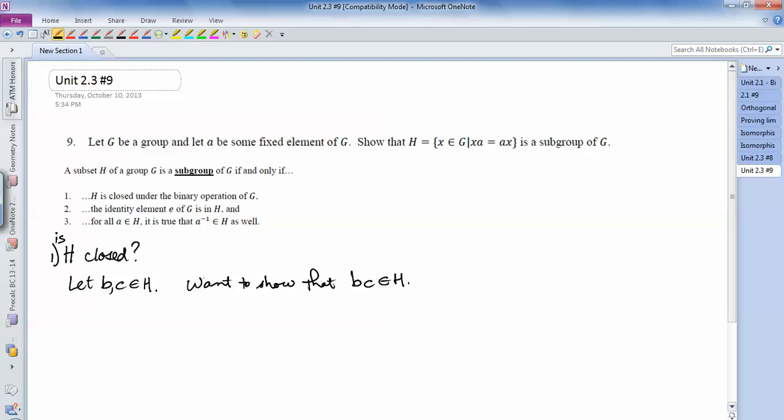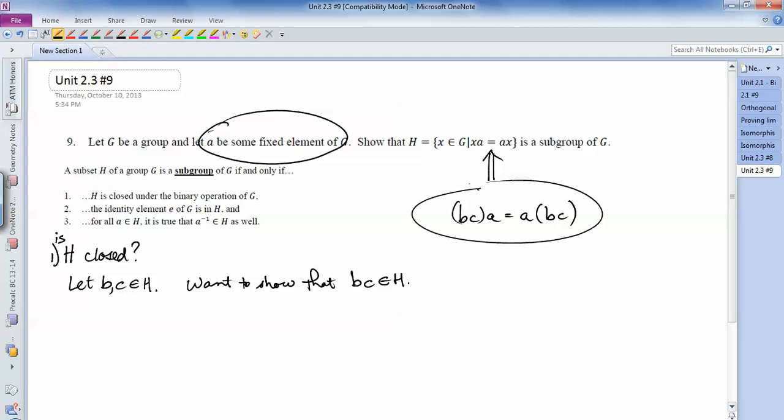If you think about what it means to be in H, then it means that for some fixed element of G, A, if BC is going to be in H, then I want to show that BC times A has to equal A times BC. That would guarantee that BC is in H. So this is my goal for closure.